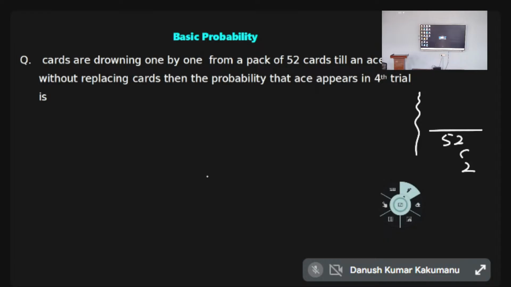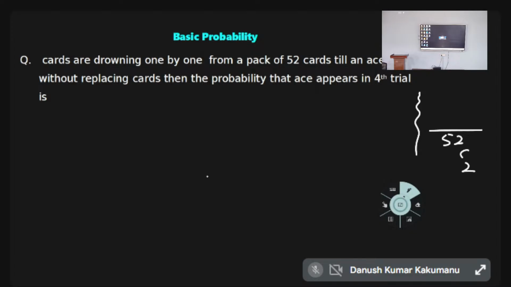Yes. To get an ace card, he is drawing the cards one by one, and he has to get the success at the fourth draw. He is going to win in the fourth match, which means the first three matches he already failed.